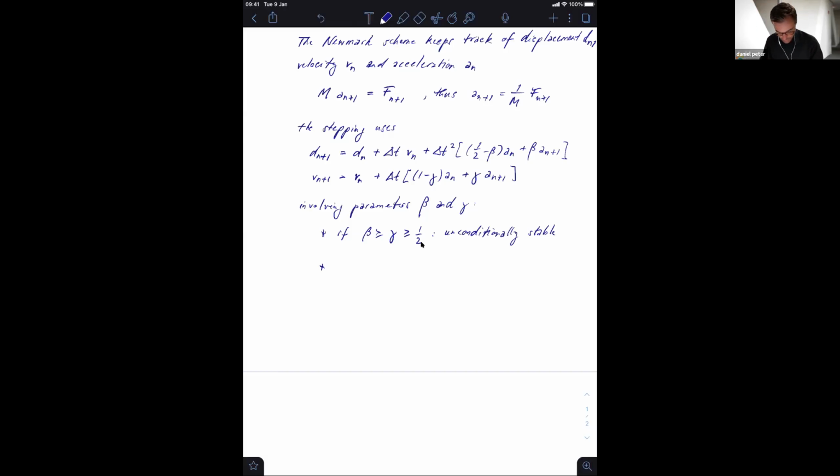So what if we choose gamma to be bigger than 1/2 and beta to be less than 1/2? Well, in that case, the scheme can still be implicit, but it becomes only conditionally stable for such a choice.